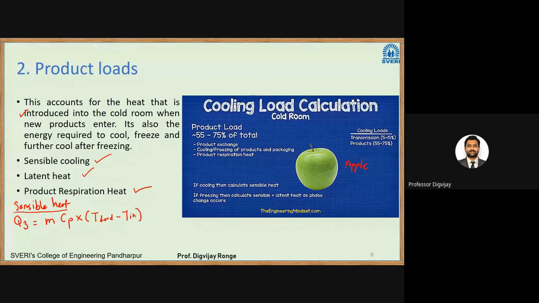If I want to convert this into kilowatt hour, I have to divide it by 3600. This will give you kilowatt hour per day. This mass m I am writing here is the mass of apples or the food per day, so this will ultimately give me the unit per day, kilowatt hour per day.